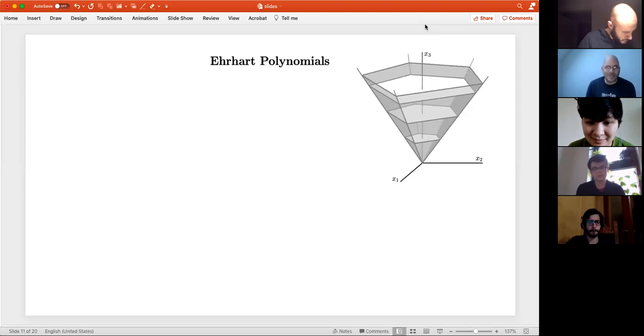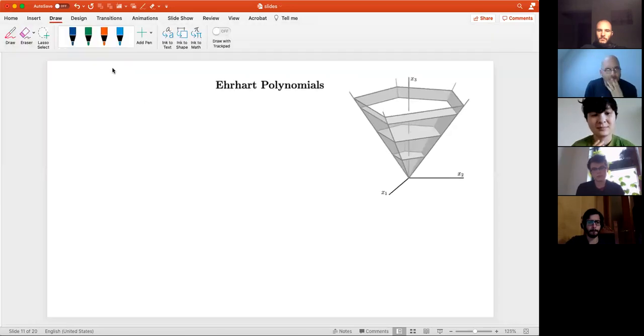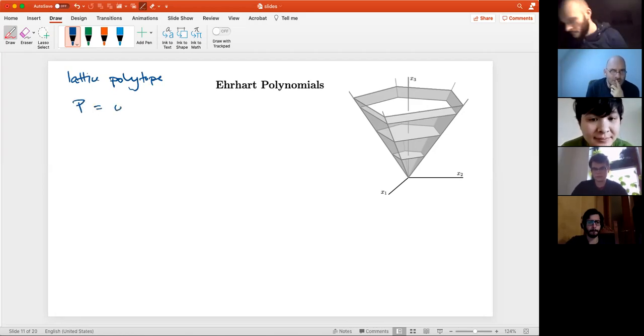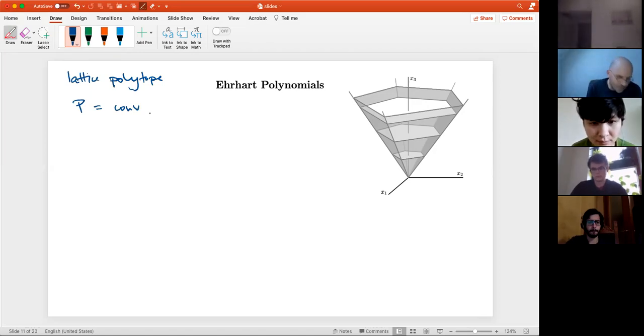Okay, so what are we doing? We're going to start with a lattice polytope, let's say P. This means it is the convex hull of integer points.